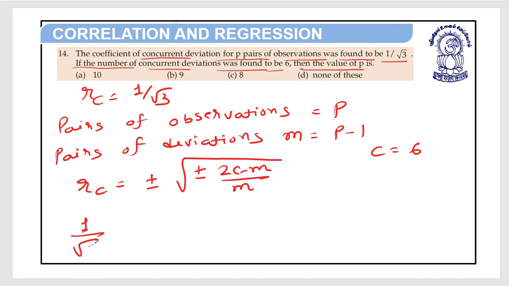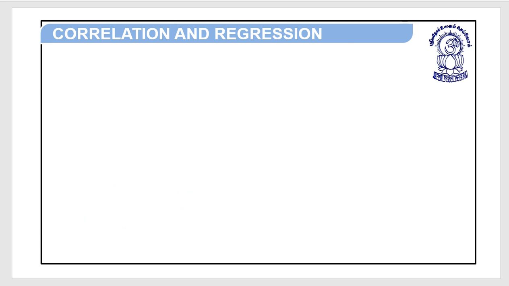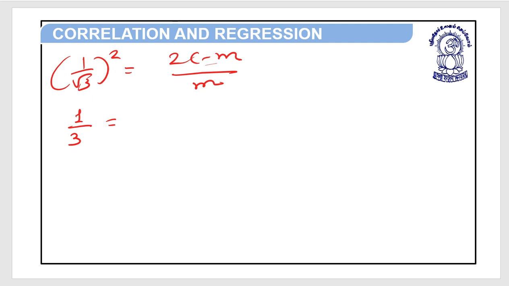So RC, 1 upon under root 3, is equal to under root 2c minus m upon m. Take square on both sides. So 1 upon root 3 square becomes 1 by 3 is equal to 2c minus m by m.